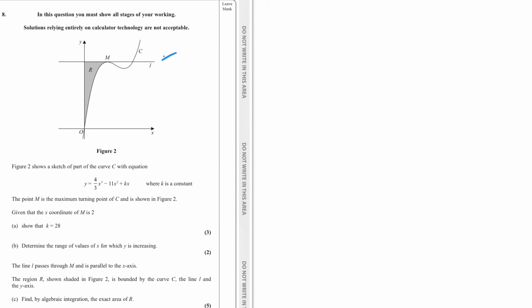Okay, so let's first work out the equation of this line. And to do that, I need the y value of m. So remember that y equals 4/3 x cubed minus 11x squared plus 28x. And we know that x equals 2 at m.